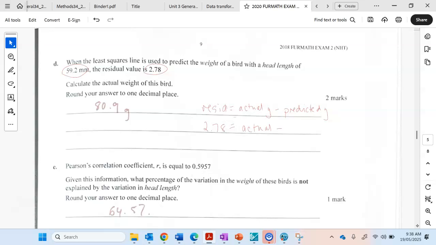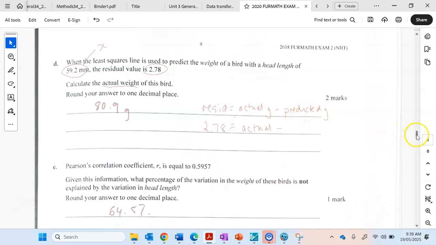And then the predicted is... oh, sorry, it's not the 59. When the least squares line is used to predict the weight of a bird with a head length of 59.2, so this is our x. We've got to substitute that into our equation to get our predicted y.